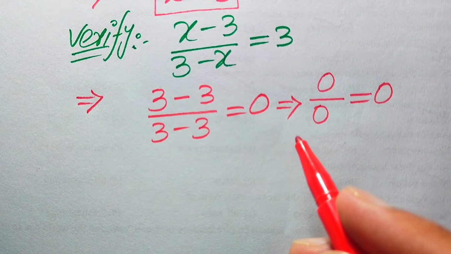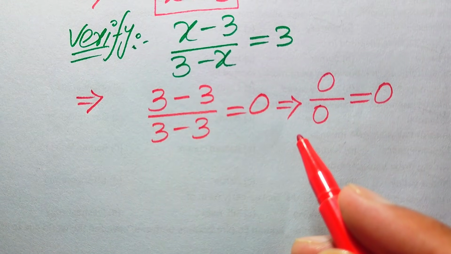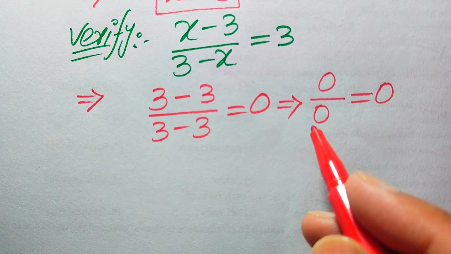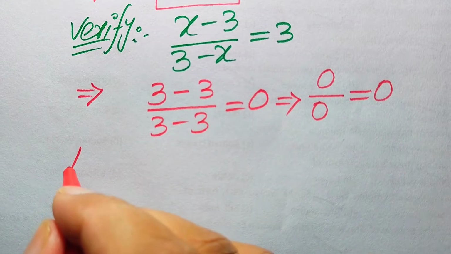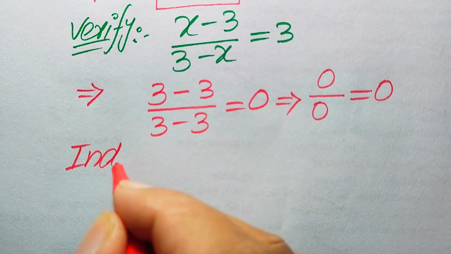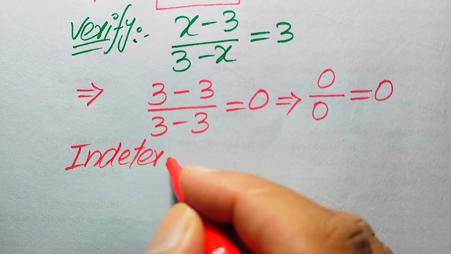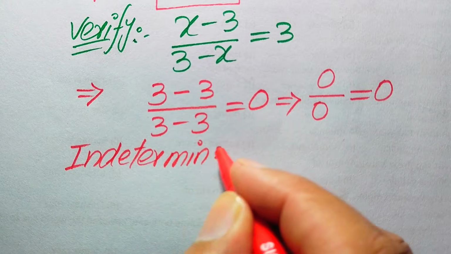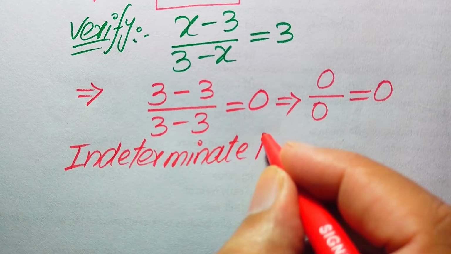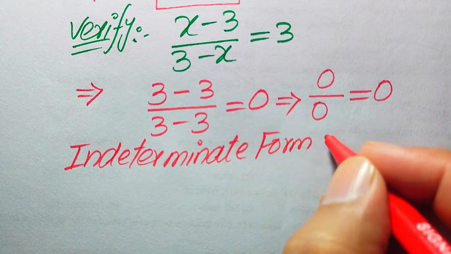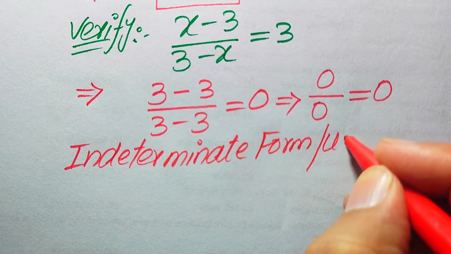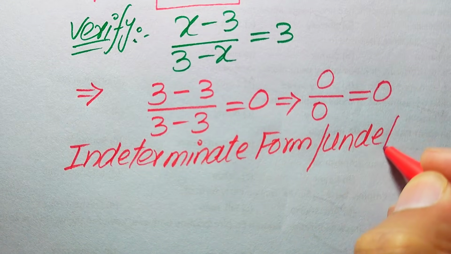You see that after substituting the value of x, the left hand side becomes 0 over 0 form, or in other words, an indeterminate form, which we call undefined.